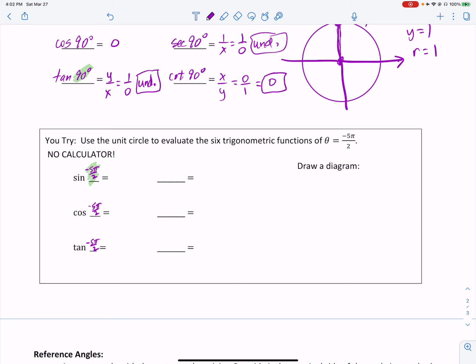And so when we draw the diagram, we need to figure out that negative 5 pi halves is a negative 4 pi over 2 plus an additional negative pi halves, meaning this is a negative 2 pi, which is a full rotation clockwise, and then a quarter of a turn, a negative pi halves.